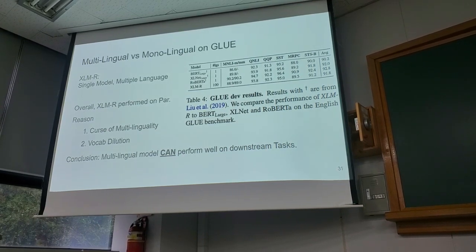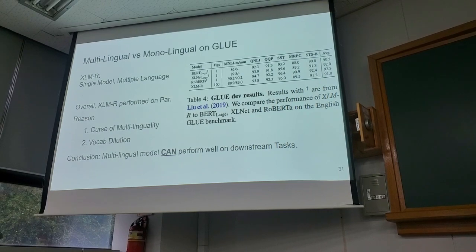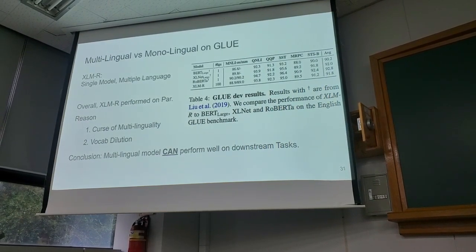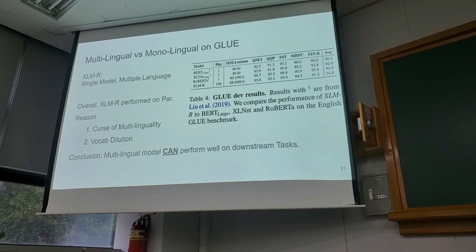The paper states that this can be caused by the curse of multilinguality and the vocabulary. But still, we can say that a multilingual model can perform well on downstream tasks.